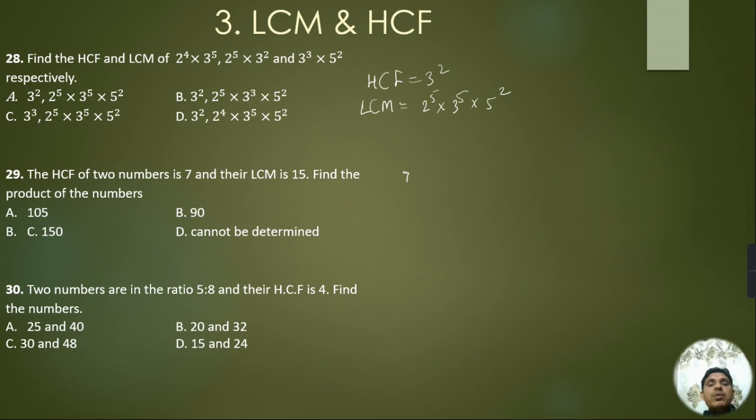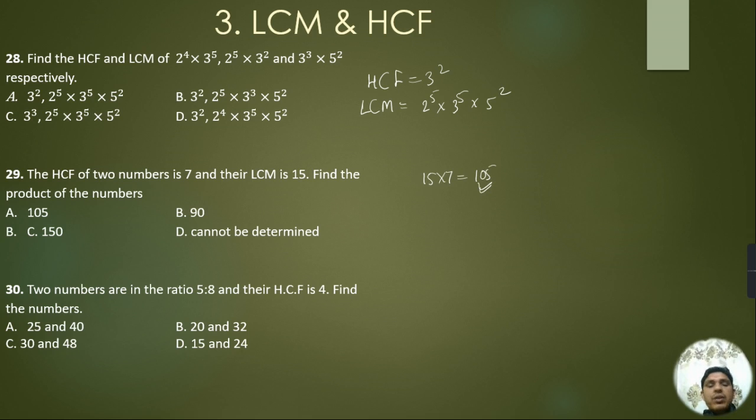Let us suppose a and b are the numbers. So we can simply find LCM multiplied by HCF, that is 15 multiplied by 7. That answer will be 105, right? Product of the numbers is equal to LCM multiplied by HCF.